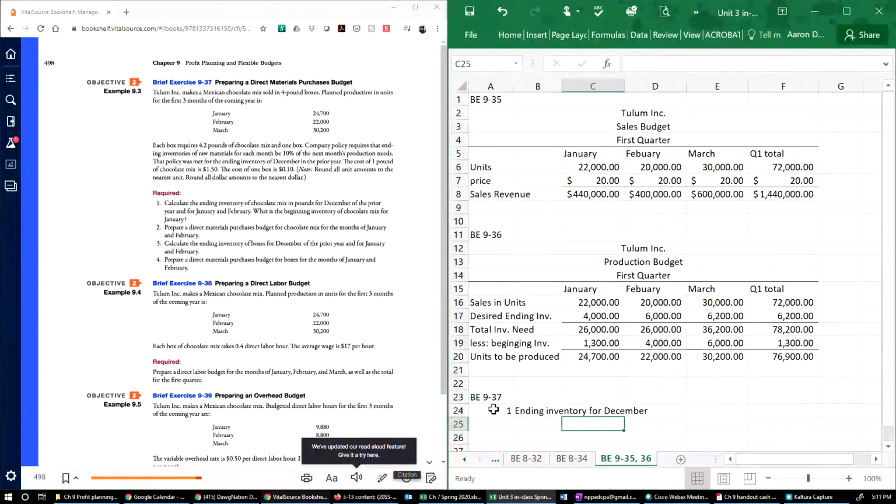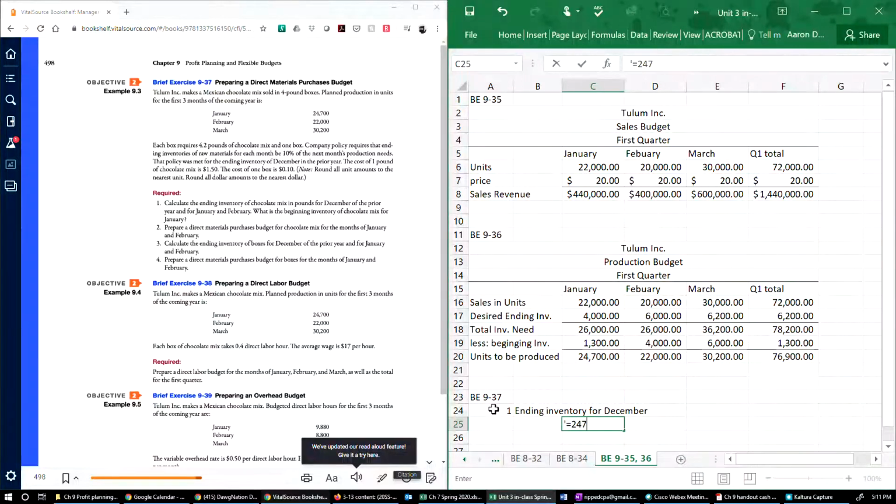The problem tells us that the ending inventory for December would be 10% of the following month's production.